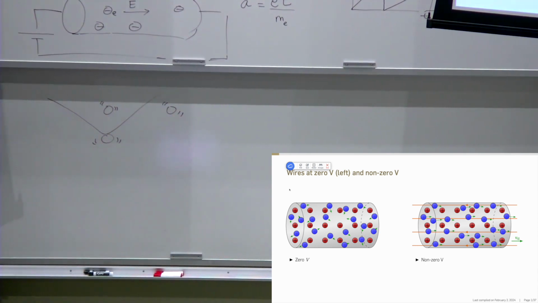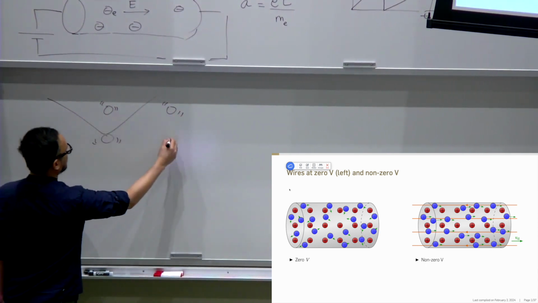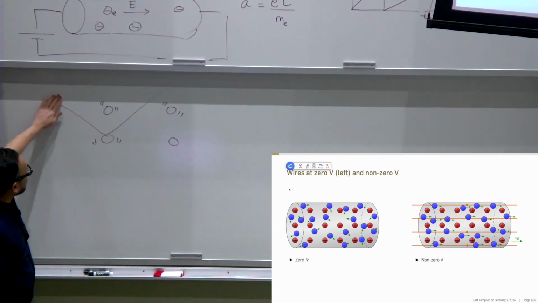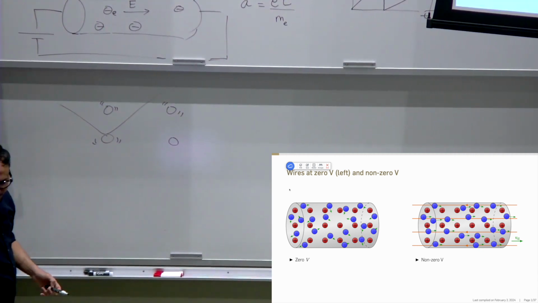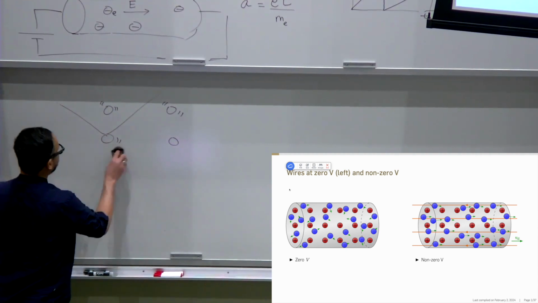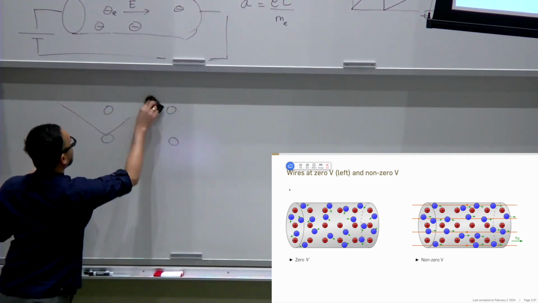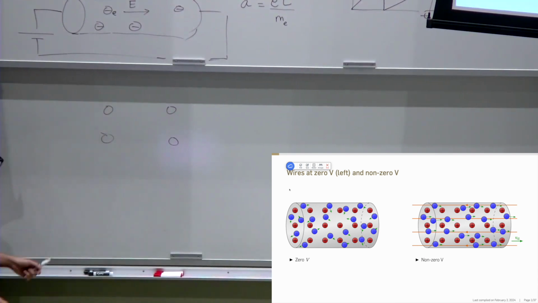And the higher the temperature, the more significant the vibration is and the resistance increases. There is another extreme, which is close to 0 Kelvin. If you have a nice periodic structure or crystal, the electron will have very little resistance.